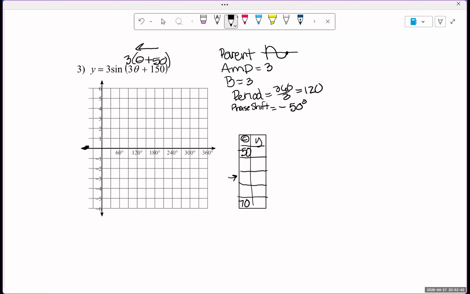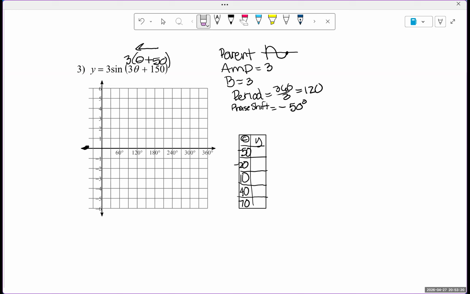Okay, to get the middle, we average. So negative 50 plus 70 divided by 2 is 10. Average these two. Negative 50 plus 10 divided by 2 is negative 20. And 10 plus 70 divided by 2 is 40. And we can see that it is growing by 30. So that works.